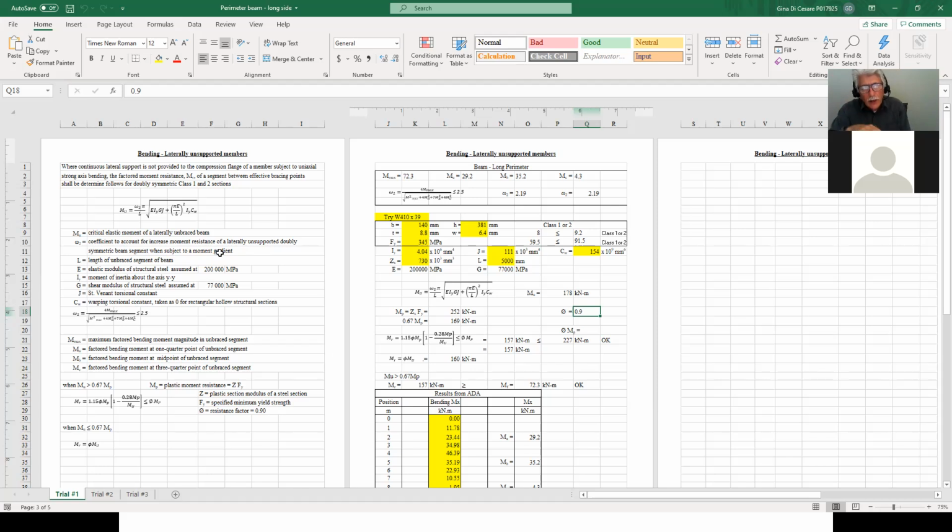This is the more accurate way of calculating it. Since they weren't able to come up with a million tables for the different moment gradients, if you want to be more accurate, you use the spreadsheet. If you use the spreadsheet to calculate the unbraced length of any beam, it's going to be more accurate, or more precise, than if you use the beam load tables.